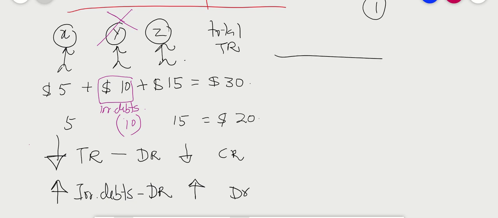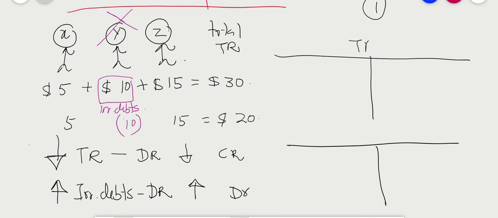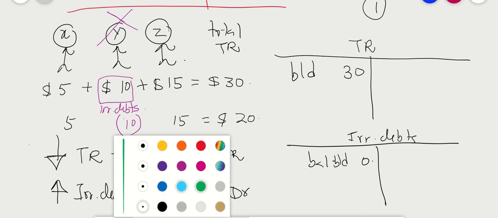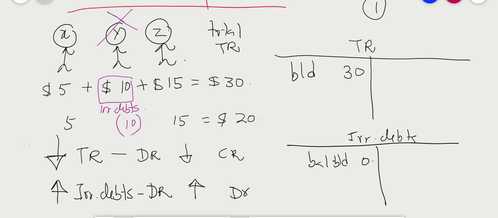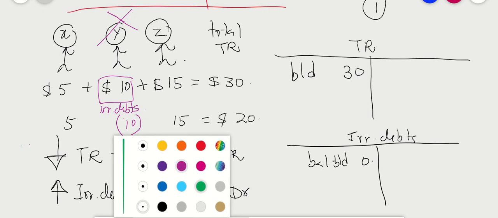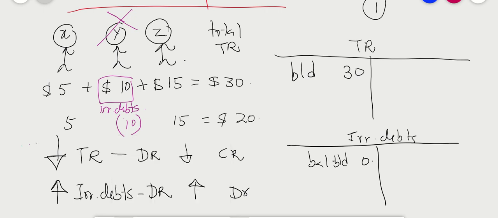Now let me open two ledgers. One ledger is for my trade receivable. I have total trade receivable at the beginning of the year 30. And irrecoverable debt, I do not have any opening balance. Therefore, I enter it as 0. Now, let's show the impact where there is $10 worth of irrecoverable debt.